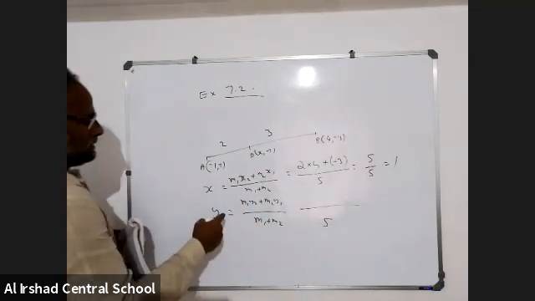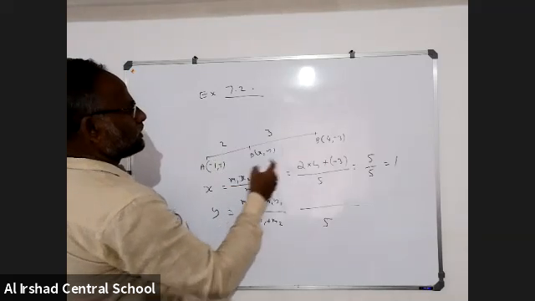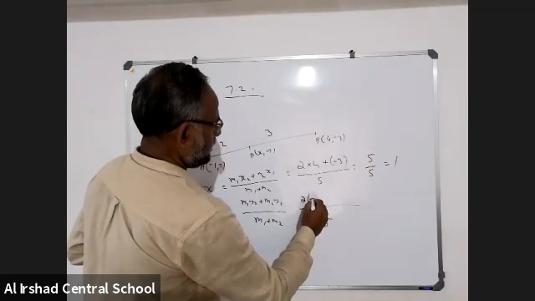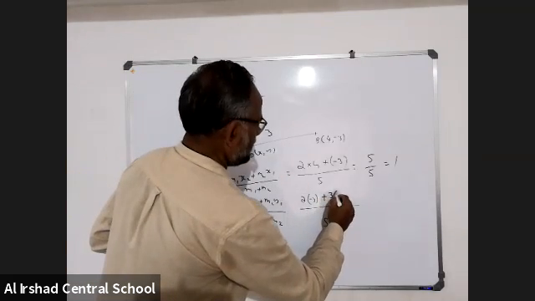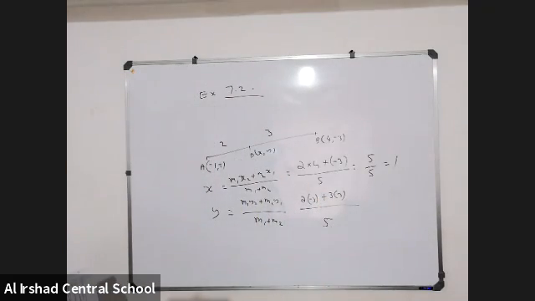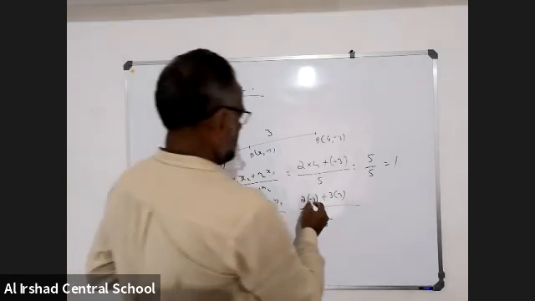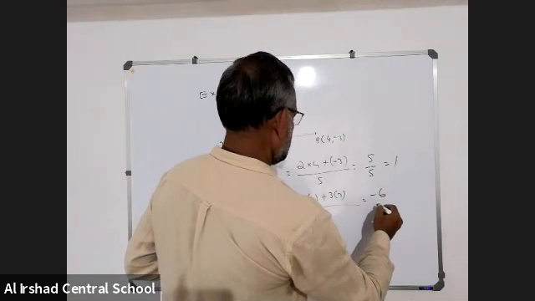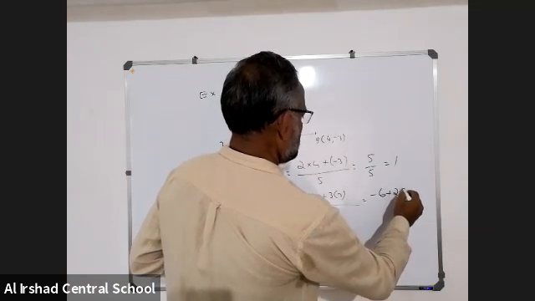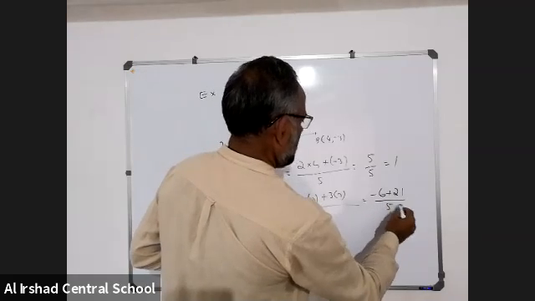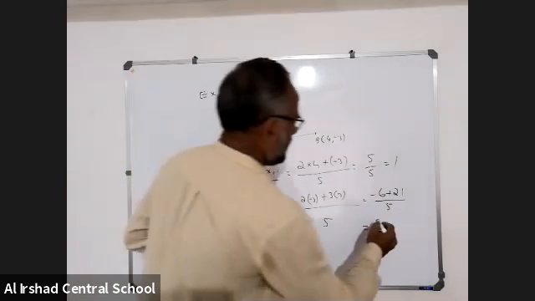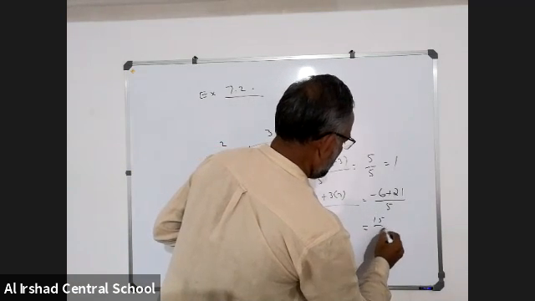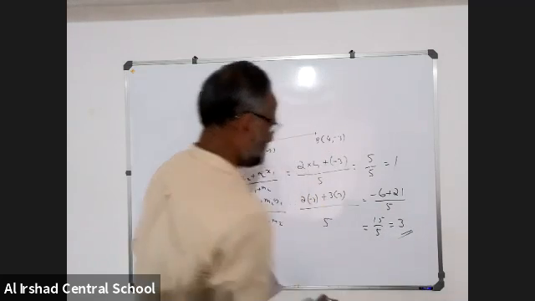This is M1, 2 into -3 plus 3 into 7. That means -6 plus 3 sevens are 21, divided by 5. That means 15 by 5, not 21. 15 by 5, that is 3.